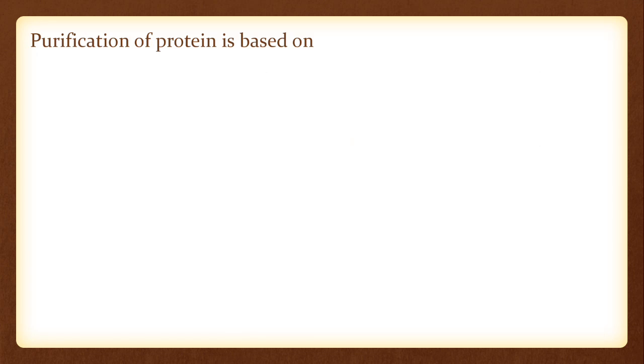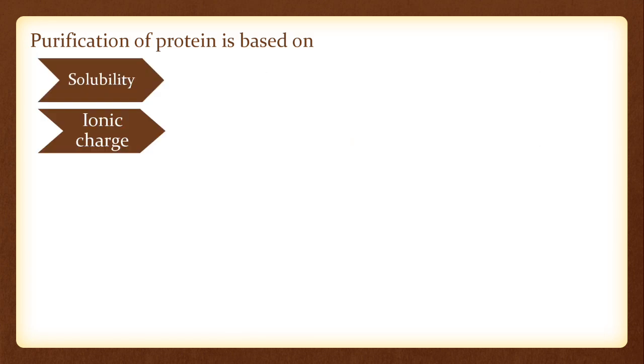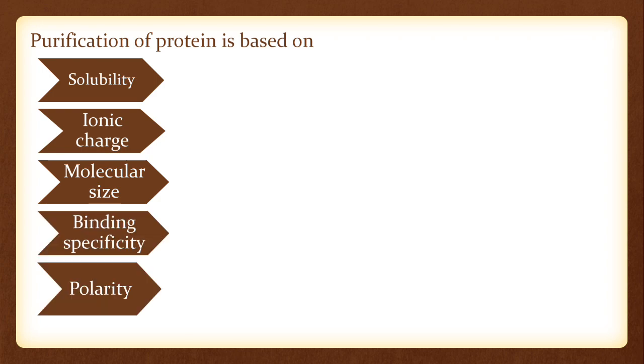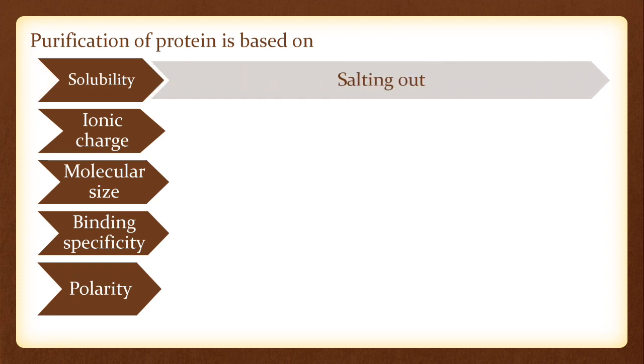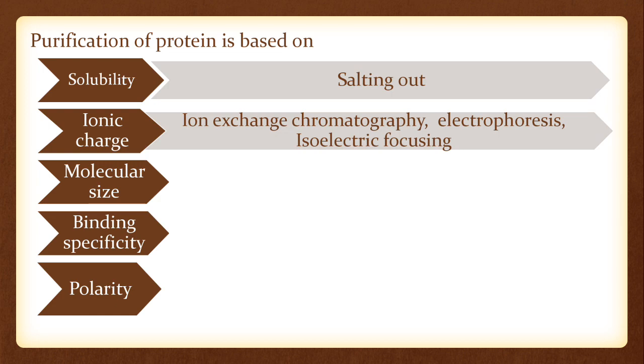Purification of protein is based on solubility, ionic charge, molecular size, binding specificity and polarity. Based on solubility, whether the protein is soluble in water or insoluble, and the degree of solubility, we use the salting out method.